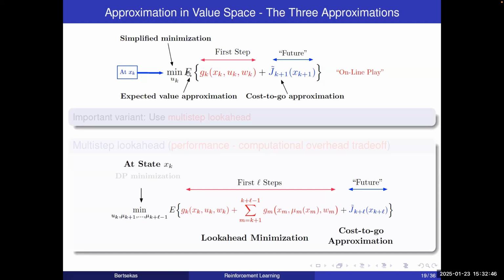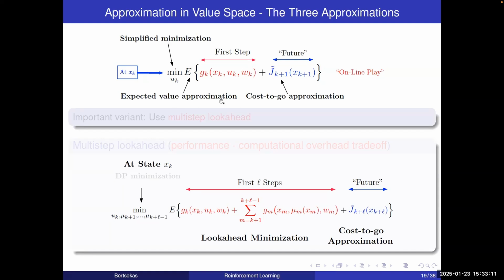There are a number of ways to approximate. Sometimes this minimization is difficult, and we may want to simplify it. So there are three approximations in this landscape: cost to go approximation, expected value approximation, and simplified minimization. And most of our course is going to deal with methods for doing these approximations.